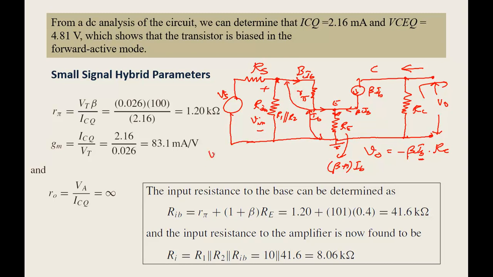So I can write V in as the voltage across R pi, IB R pi, plus IB into beta plus 1 RE. So what is V in by IB then? R pi plus beta plus 1 RE. That's your R in resistance.